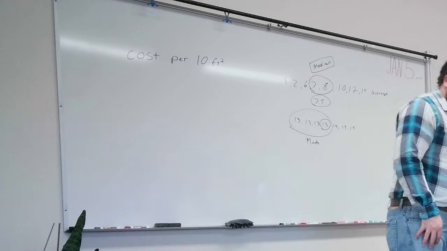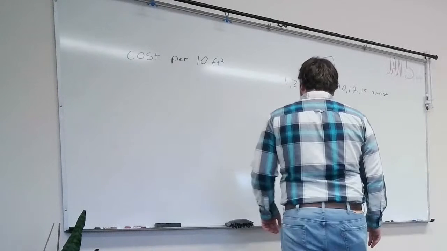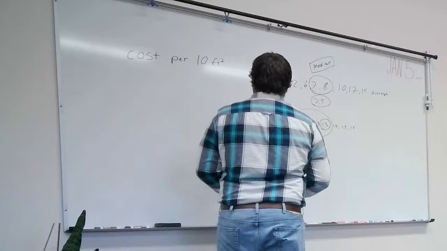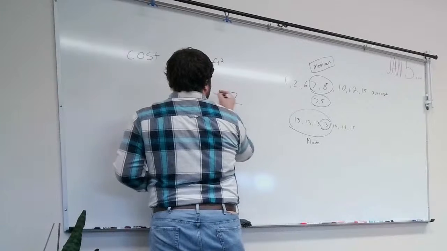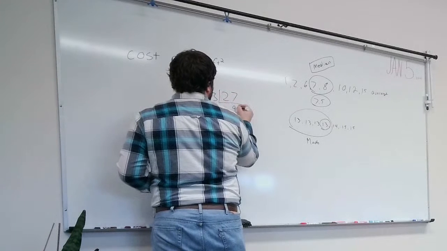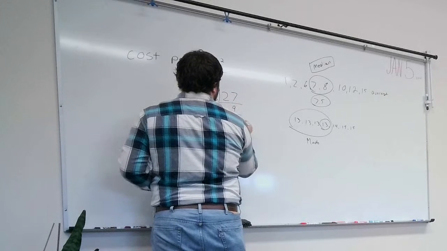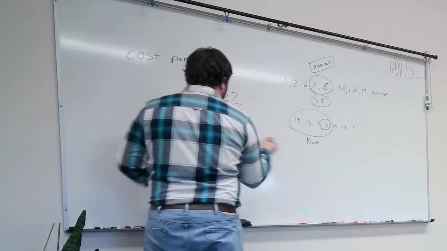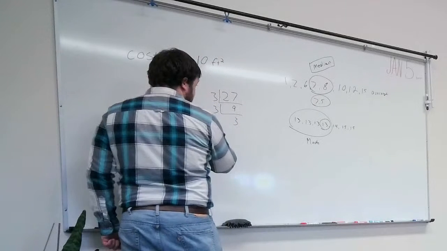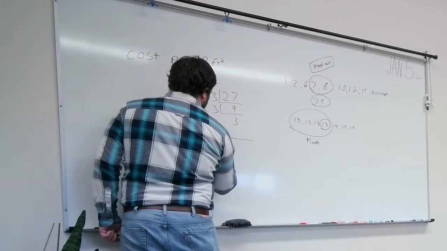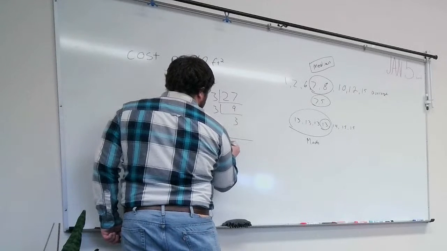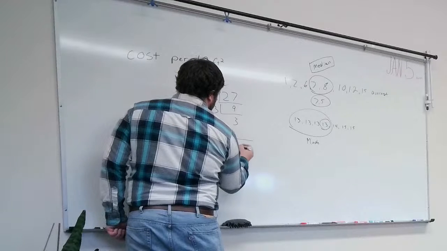All right, so here's what we do. First things first, we just factor the 27. So we start by factoring the 27, we get 3, we get 9, we get 3, we get 3. Basically, we can write this out, and we have that other 3 floating around from before, remember? So we'll write it out like this: 3, that's the other one from before, this is 3, 3, and 3.